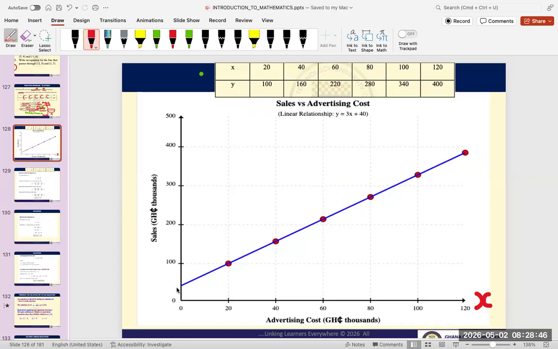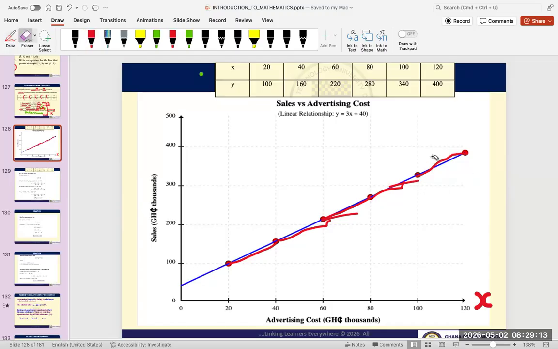You use your ruler to join one point to the other, like you are seeing here. So you join this point to this point, you join this point to that point, keep joining the points to one another with your straight line or ruler, straight edge.